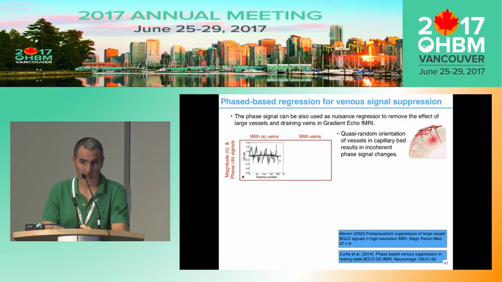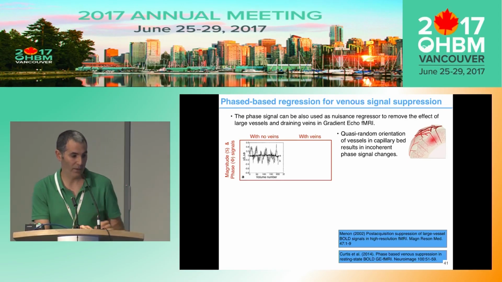So if you want to do high resolution fMRI and you want to go to the site where the activation occurs, that is in the capillary bed. The quasi-random orientation of the vessels in the capillary bed results in incoherent phase signal changes.